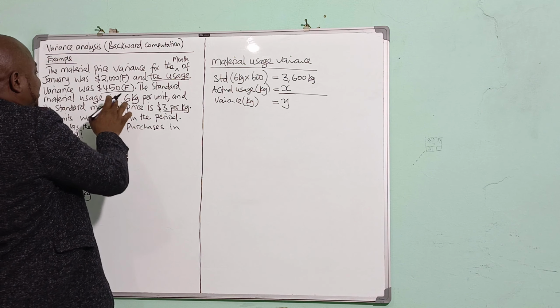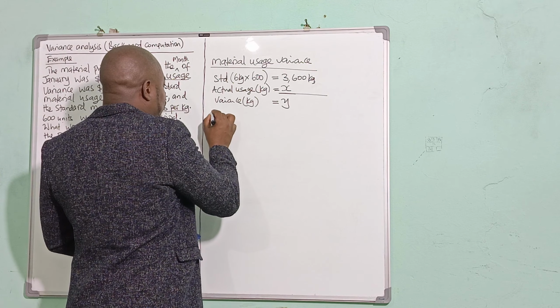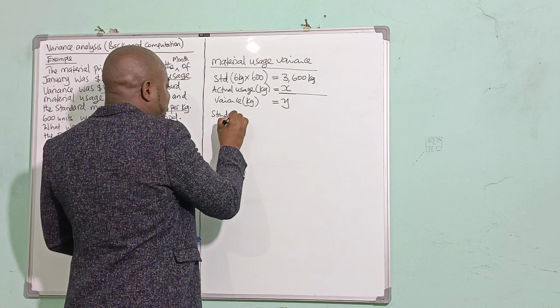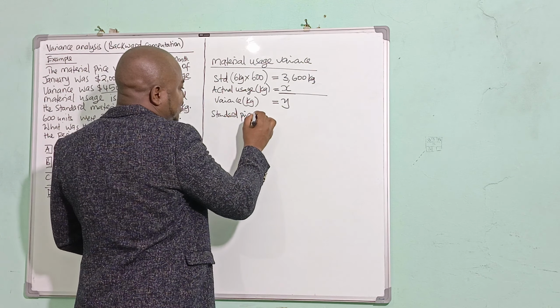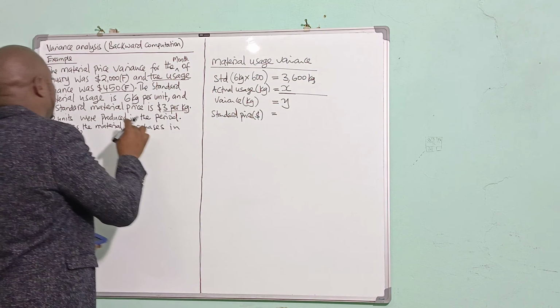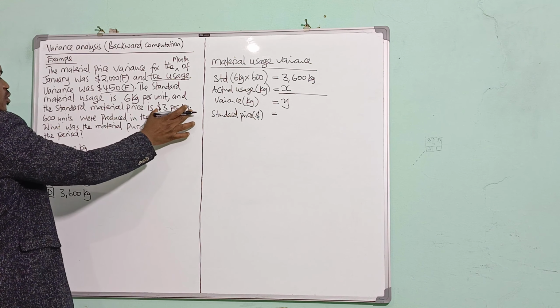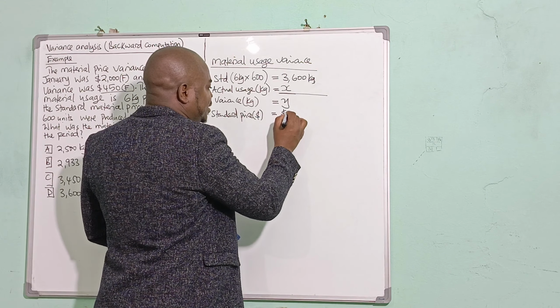Now to get the variance in terms of money, what we basically do is we have the standard material price, the standard price in dollars, okay? So the standard price is $3 per kg. I have my $3 here.